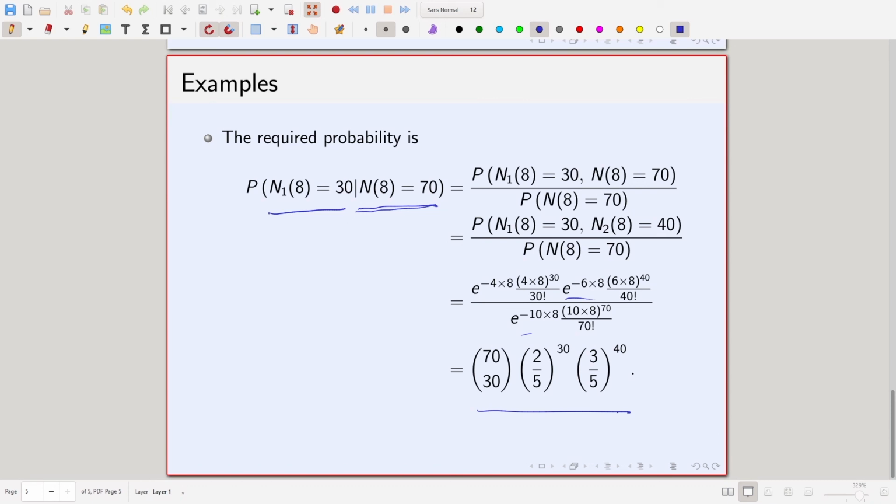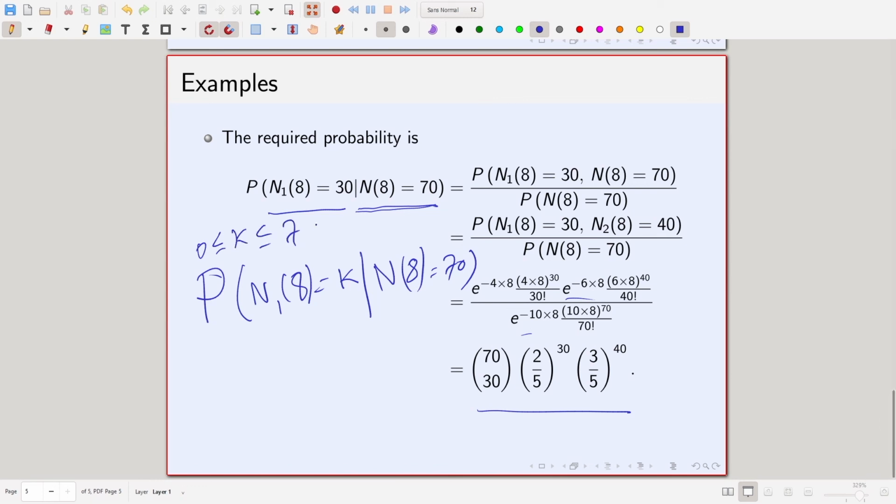Now let me point out a more general fact from this calculation. Here it was 30. In general, if you are asked to calculate the probability that N18 equal to some k given N8 equal to 70, then k will vary from 0 to 70.